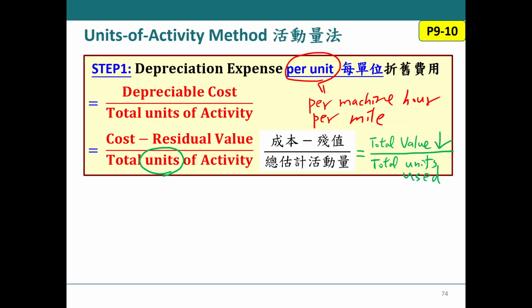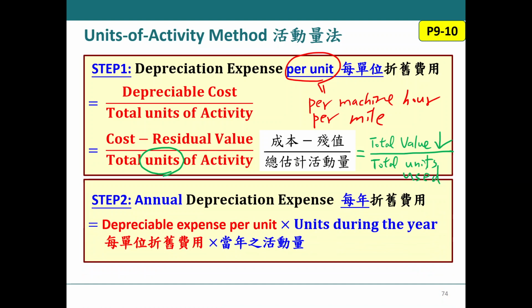Since I know per unit, but the problem is we have to know each year, right? Because when we are going to prepare financial statements, we want to know the whole year situation. So that's why we have a step 2. What's step 2? We want to know the whole year situation. So you have per unit times how many units you used for the year. We use depreciation expense per unit from your step 1.